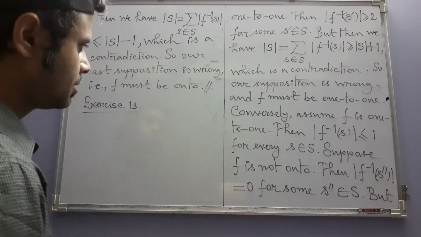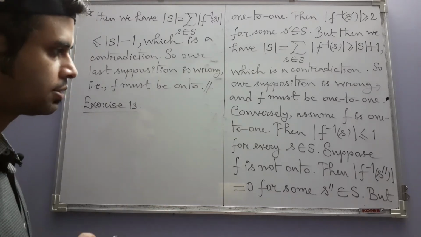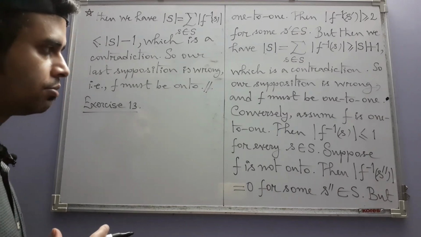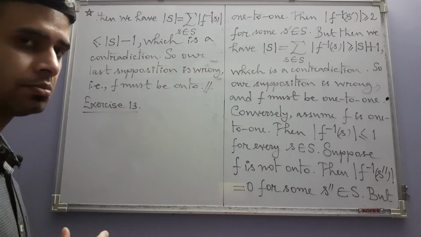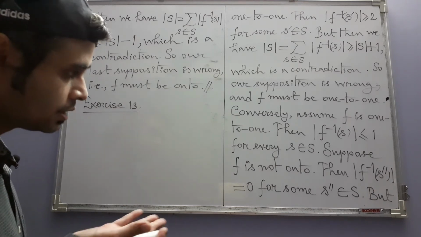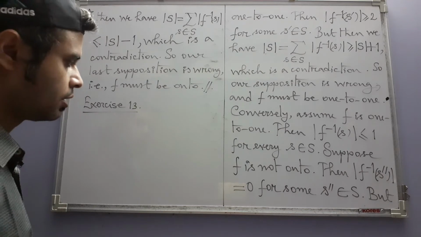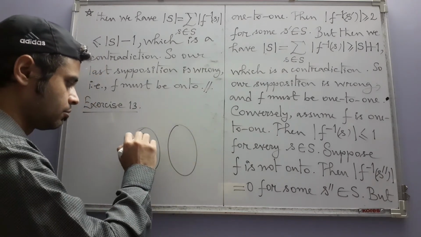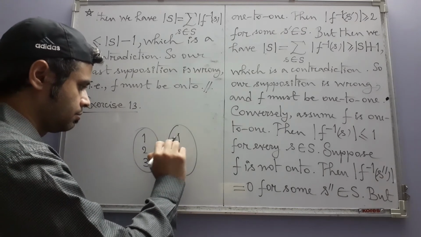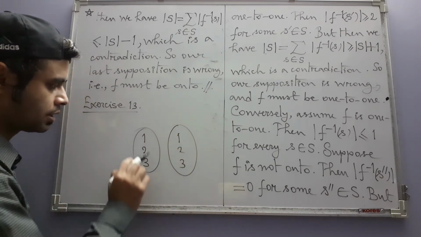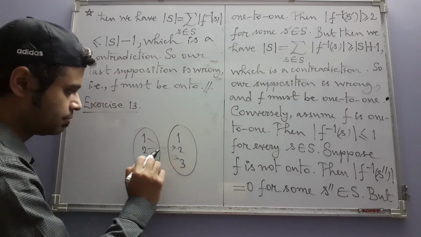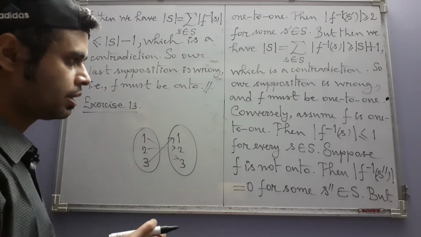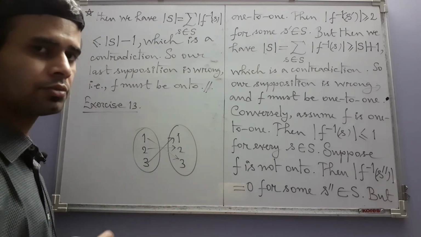This is often the situation in mathematics, that those statements which sound very easy and obvious, you find them difficult to prove mathematically. This is one such situation where, although we understand why a one-to-one function must necessarily be onto, it is somewhat difficult to write logically a proof of that fact.